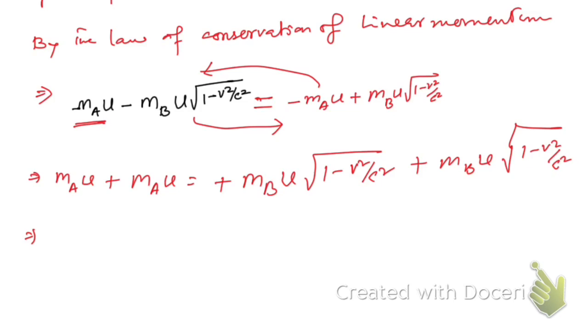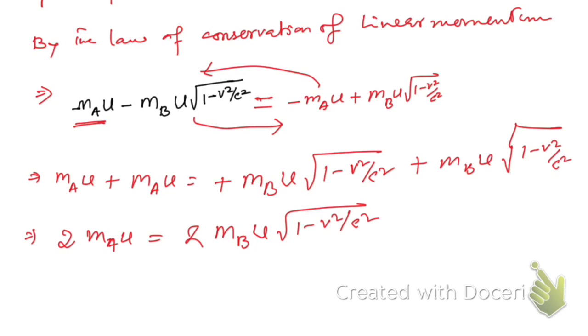So adding these two, what we're gonna have, 2 MAU on one side, 2 MBU root over 1 minus v square by c square on the other side. That's what we have got.